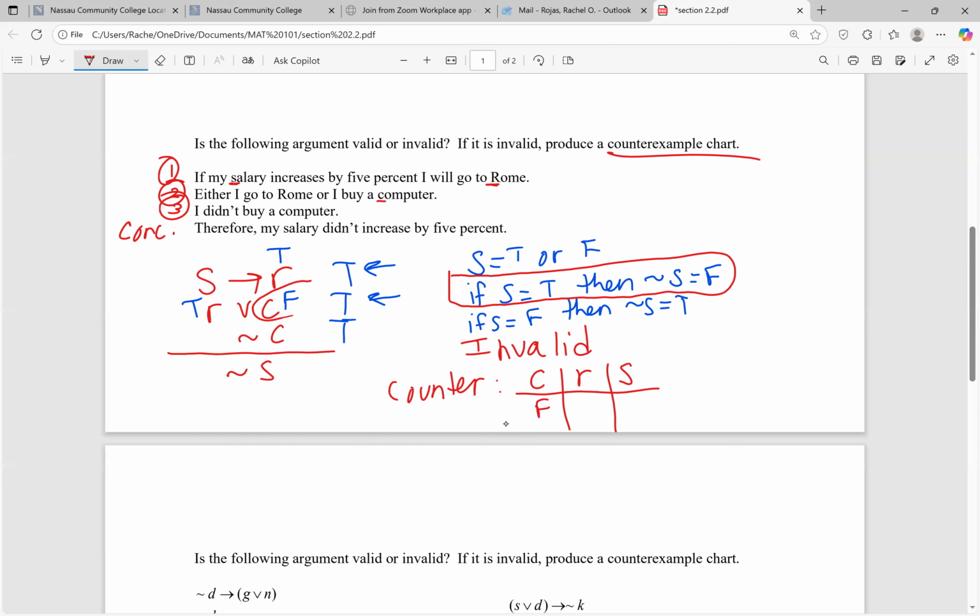We determined that R is true. But S, we said, would have to be true in order for the conclusion not S to be false. And this leads to the counterexample. So C is false, R is true, S is true. That would be the instance when all our premises are true, but my conclusion is false.